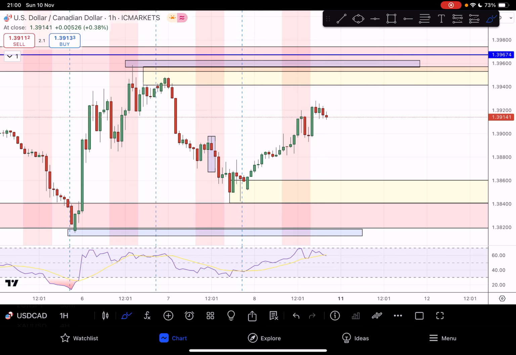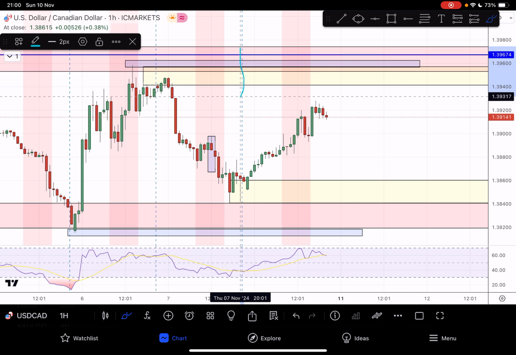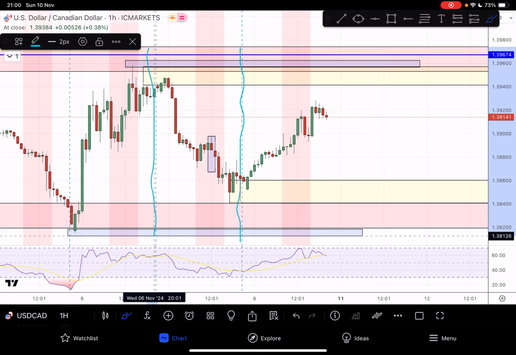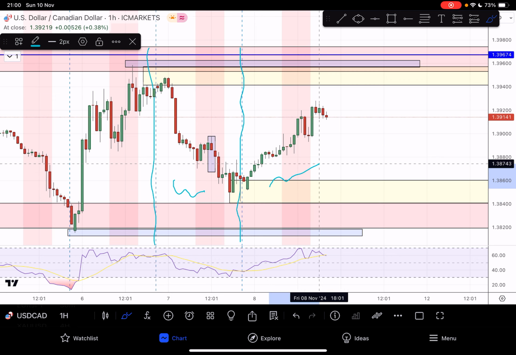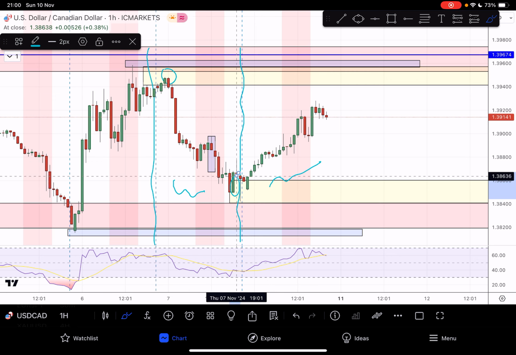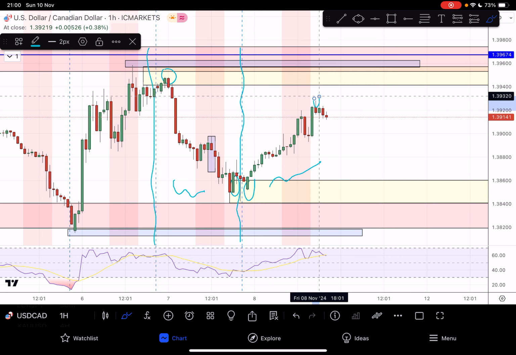Remember, when I do my intraday trading levels, I'm looking at previous day's price action, which is this bit here. That's Wednesday, Thursday, this is Friday. So you can do it from here to here, or you can do it from here to here.